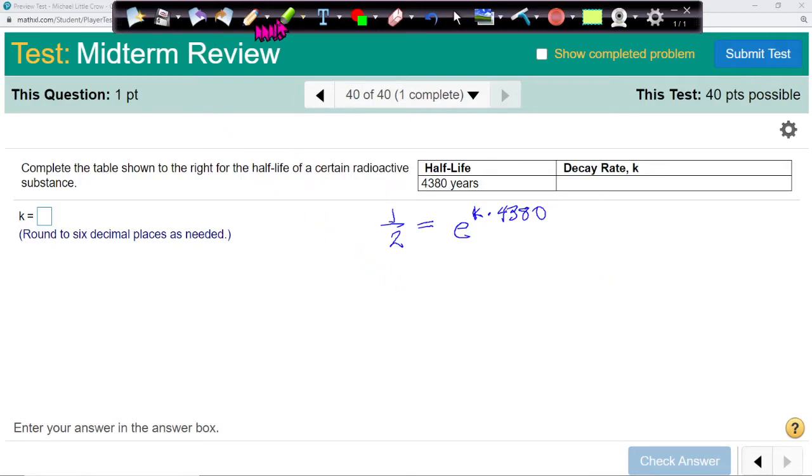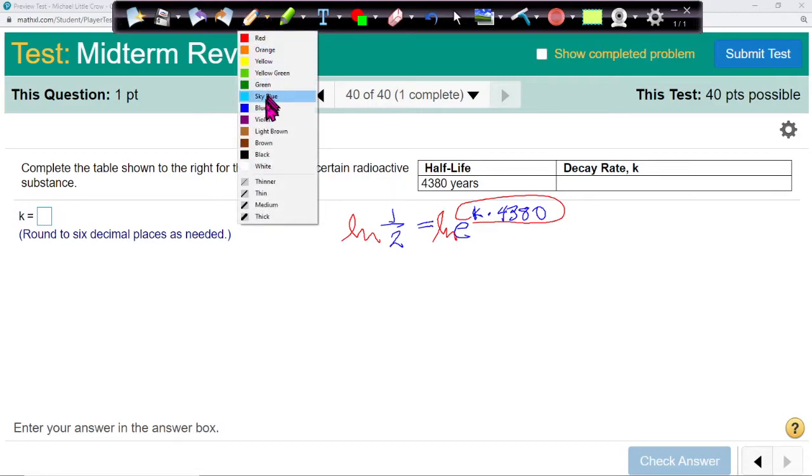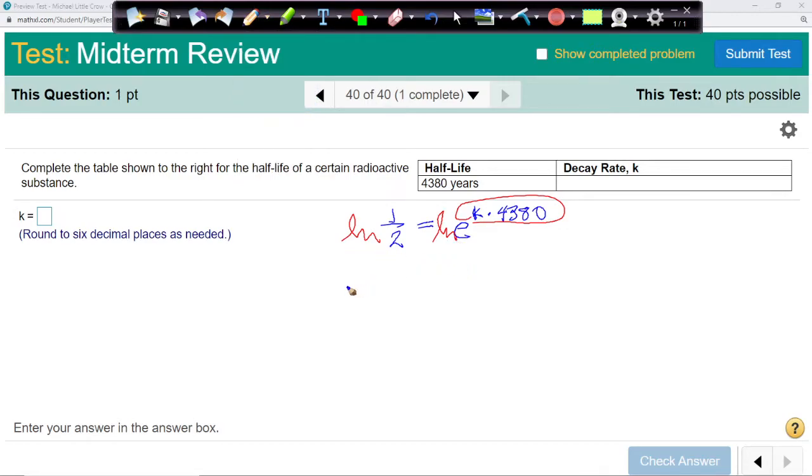So what do we do? Well, we take the natural log of both sides, because that's going to get rid of the e part for us. So natural log here, natural log here. The exponent comes down, and natural log of e is 1. Okay, so if you've memorized it, it's going to be natural log of 1/2 equals, I'll put the 4,380, we got a variable k, we put the number in front, 4,380 times k.